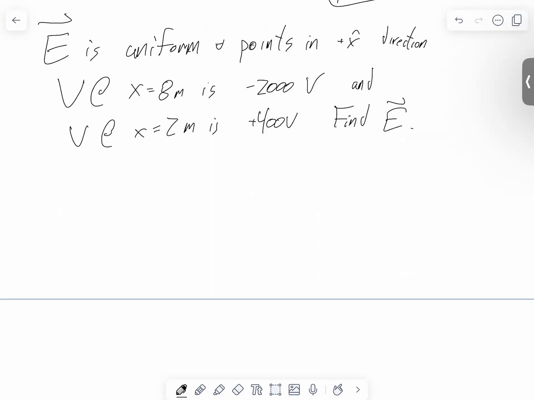What is E and V? How are they related? Where? What? V at x equals 8.